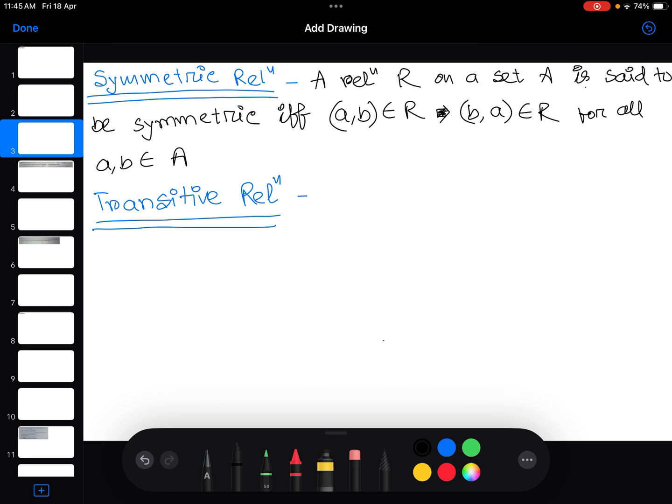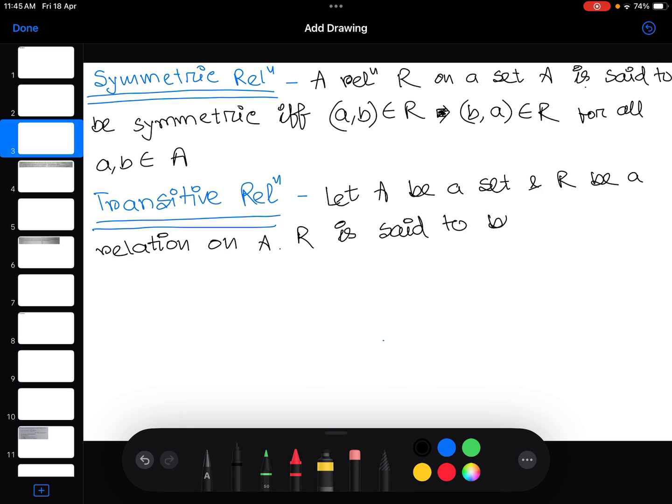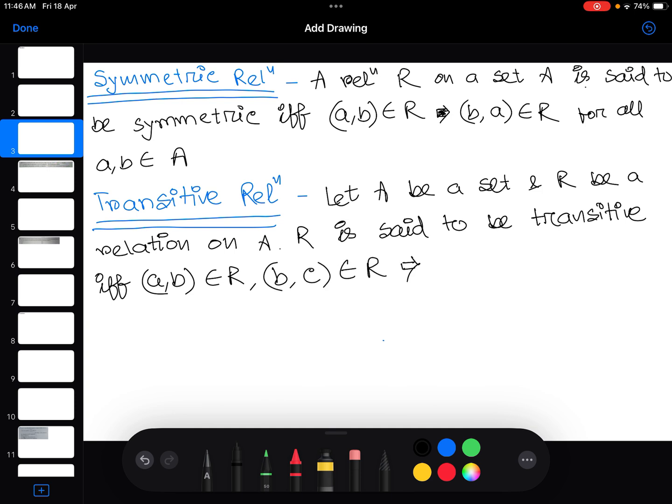Let A be a set and R be a relation on A. Now R is said to be transitive if and only if (a, b) belongs to R, (b, c) belongs to R, implies (a, c) also belongs to R for all a, b, c belongs to A.